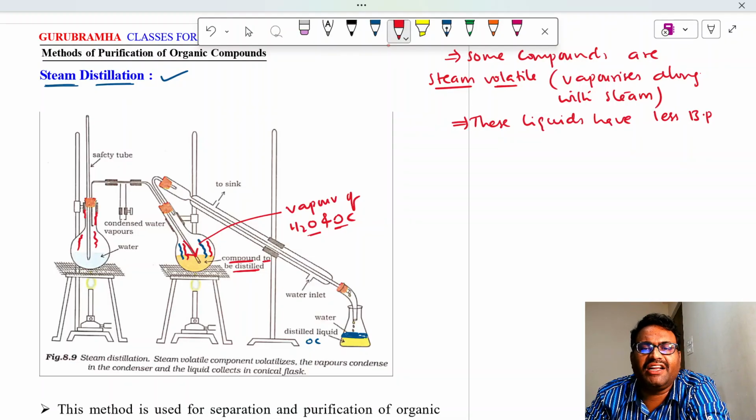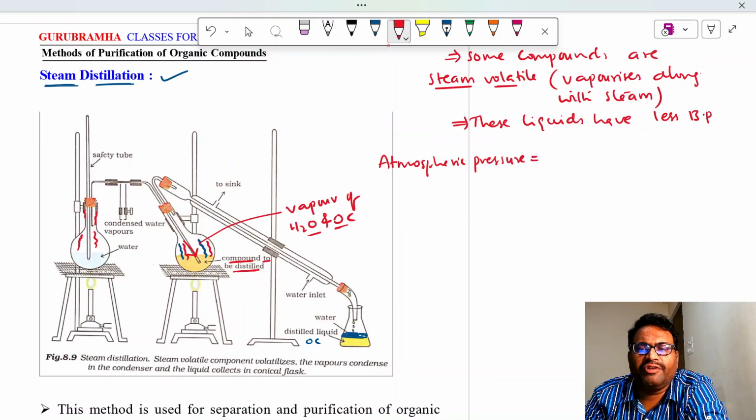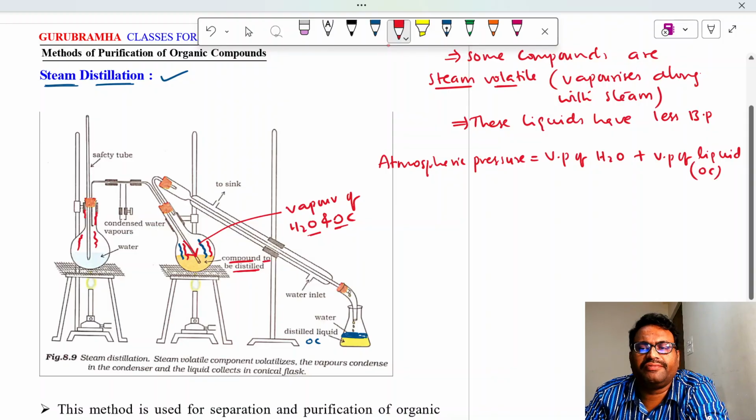Now I can write that atmospheric pressure is equal to vapor pressure of water plus vapor pressure of the liquid, that is the organic compound.